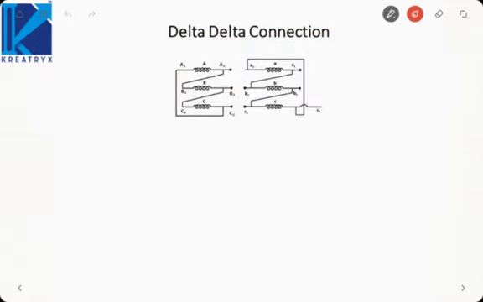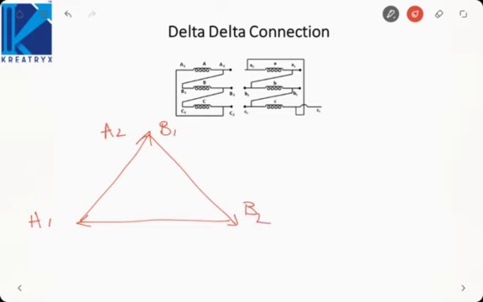Next, let us change this connection a bit. So first of all, let us draw primary phasors A1, A2, B1, B2 and C1, C2, because primary side is unaltered, it is same. Now let us draw the secondary phasor.